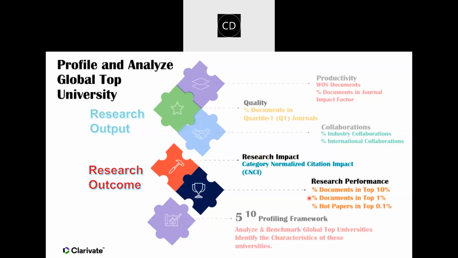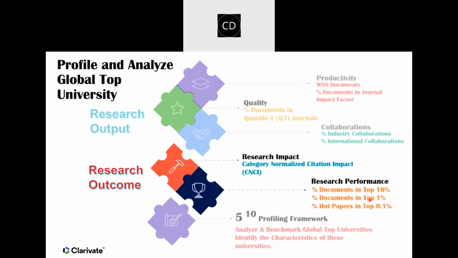Then for research performance, we have these indicators, which are the percentage of documents in top 10%, top 1%. These are indicators taking into account the citation performance of the published documents. So based on the citation counts in that particular field, these set of documents are performing in the top 10% of their field.